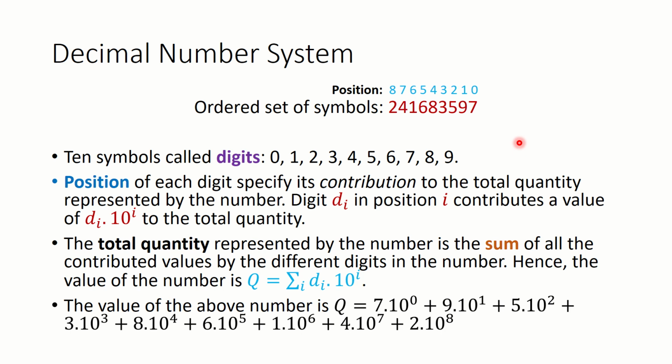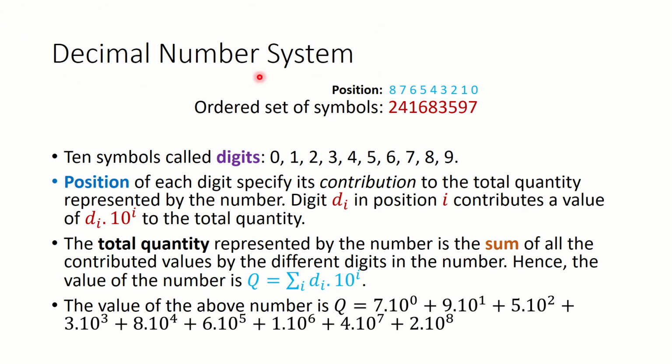So, only that value will get conveyed when you place those symbols in that particular manner. No other values, no other quantities will get conveyed when you use these symbols in that manner in a particular number system.